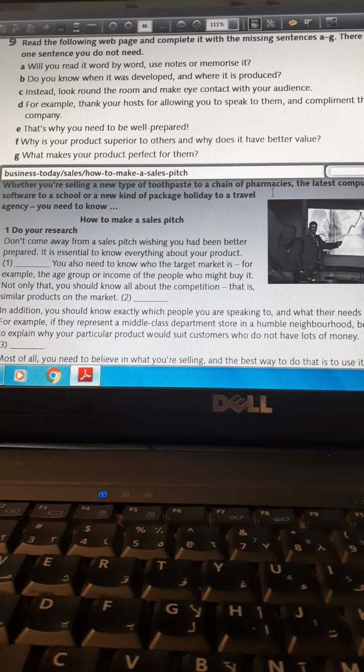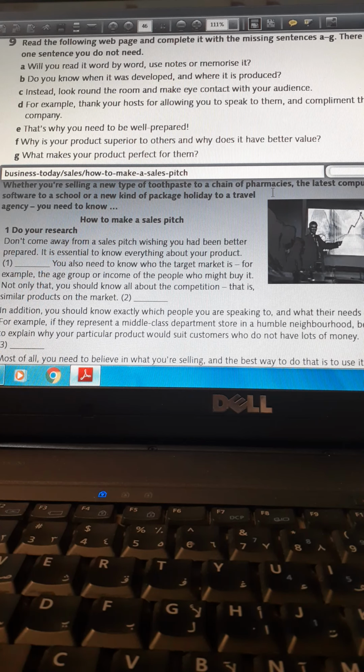D. For example, thank your hosts for allowing you to speak to them and compliment their company. Your host means the person or the company hosting you. And compliment their company. Compliment is to say good stuff about their company. E. That's why you need to be well prepared. Well prepared here is an adjective.